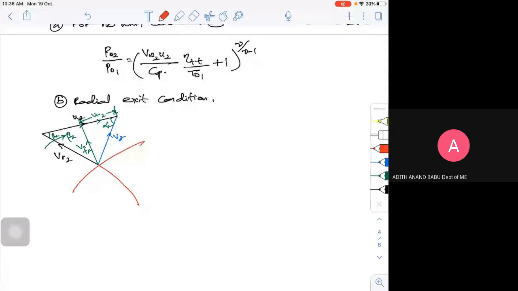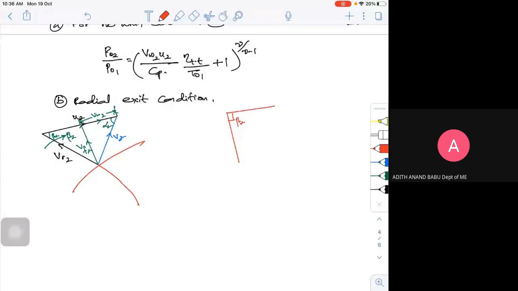So for that condition, the velocity beta 2, this is my U2 and this will be my V2, and your VR2 is equal to VF2.